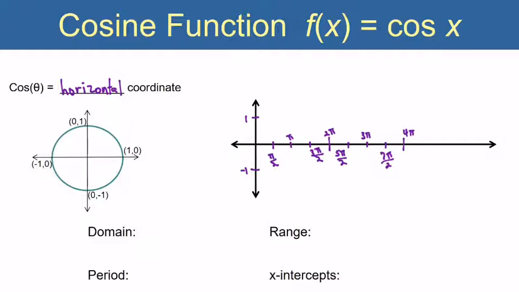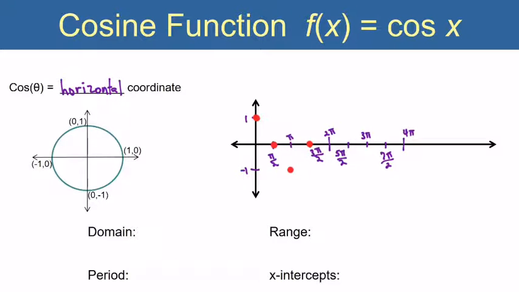So, like I said, let's go ahead and plot. At 0 radians, the cosine value is 1, so I'll put that here. And then let's let theta increase to pi/2. The cosine value then will be 0. And then let's let theta increase to pi, and the cosine value then will be -1. So here we have -1. And let theta increase to 3 pi/2, and the cosine value will be 0, so back to 0.